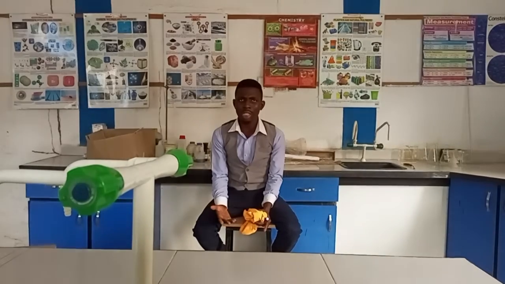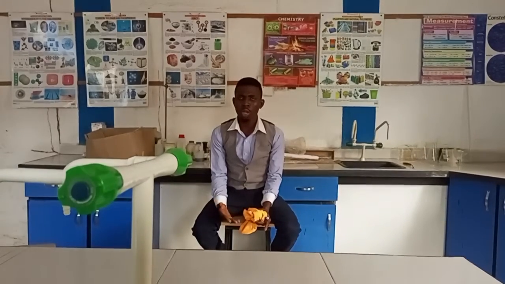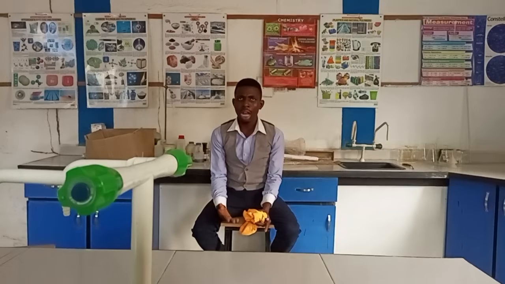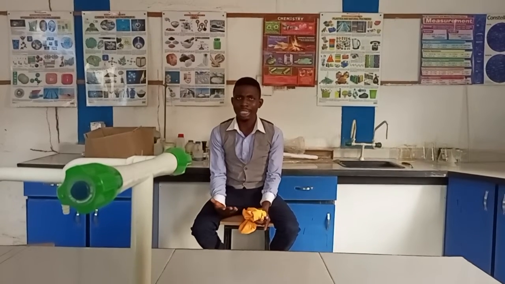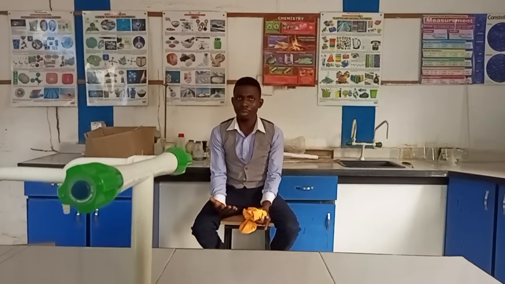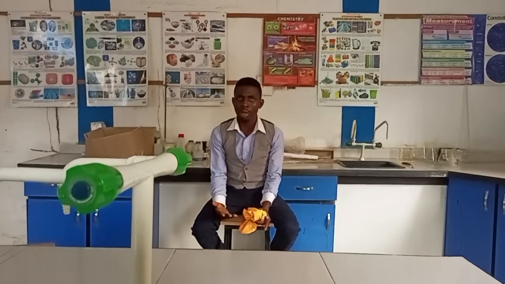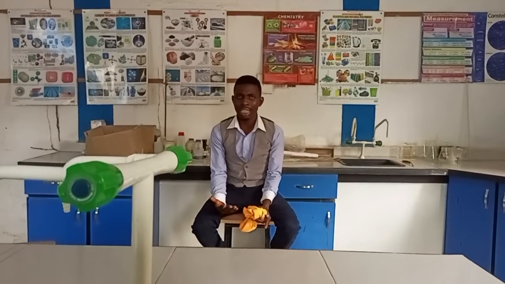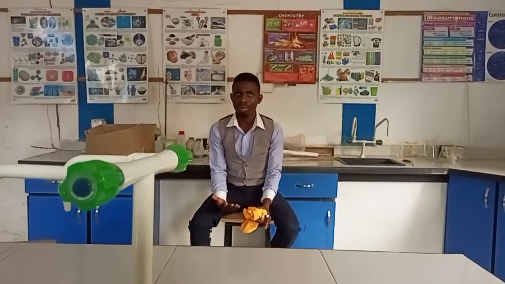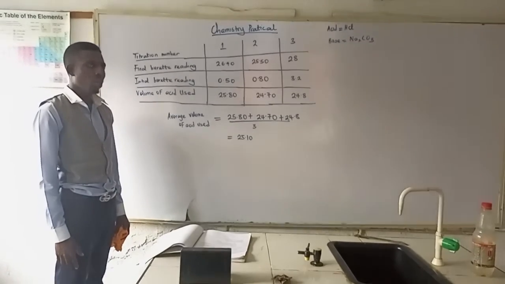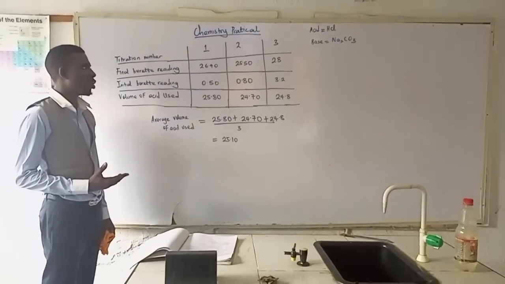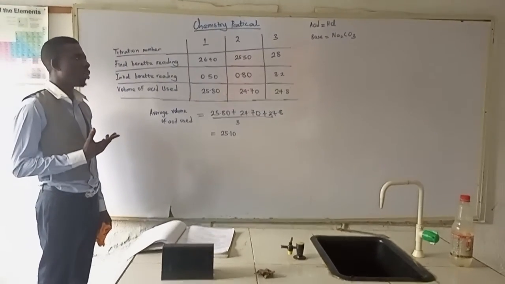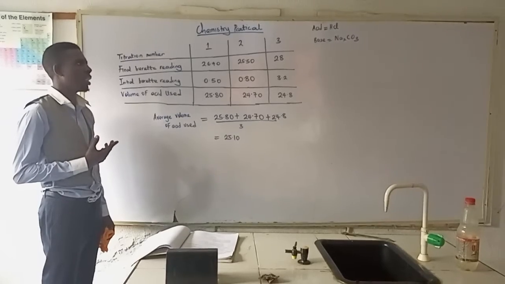Now in today's video, I'll be showing you an example of a table and pointing out the errors present in that particular table. In this particular table, they can decide to ask us to identify the errors present on this table.